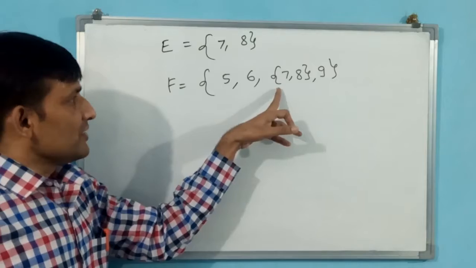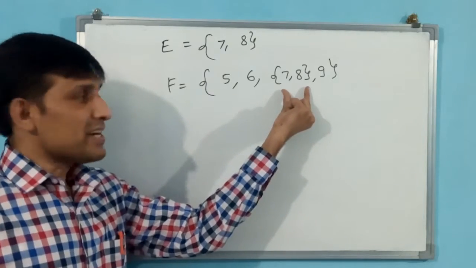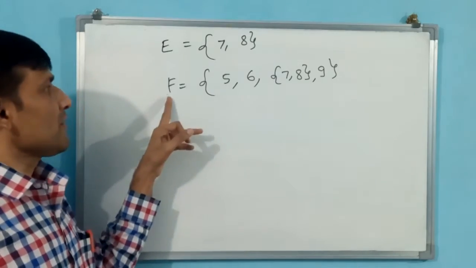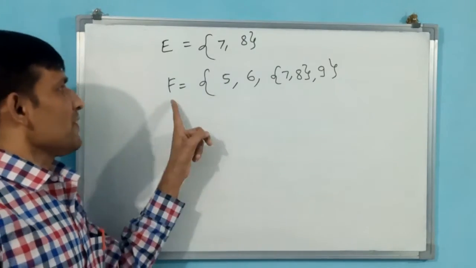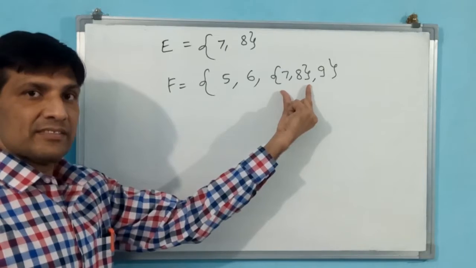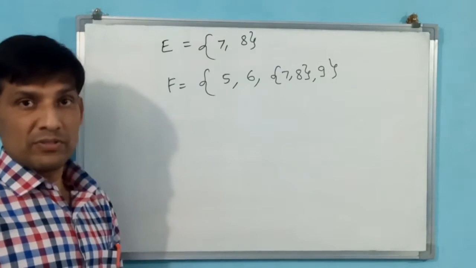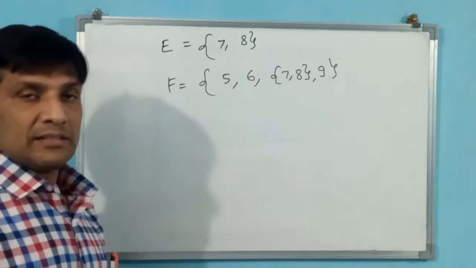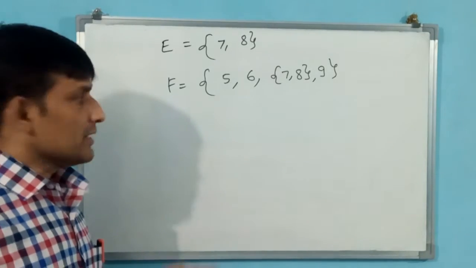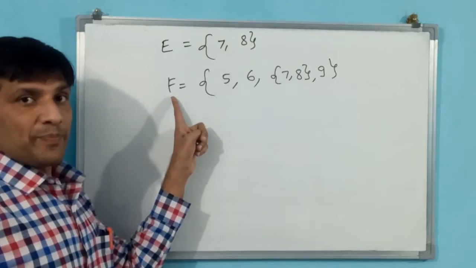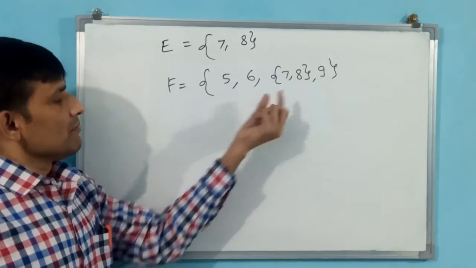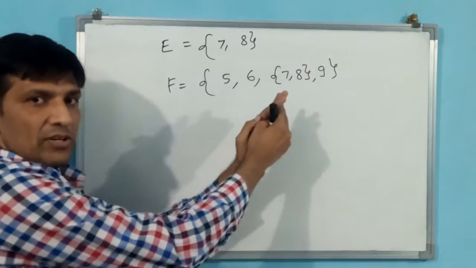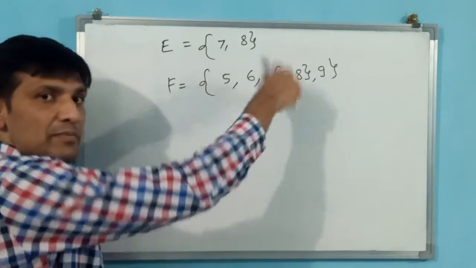Here, this {7, 8} with braces is completely going to act as an element. That you have to know. Why? Because F is having elements. F considers the {7, 8} subset as an element only. This you have to understand. You understand? Even though 7, 8 is enclosed in braces, as an element it will be there inside.